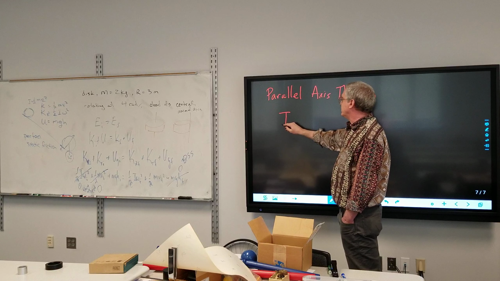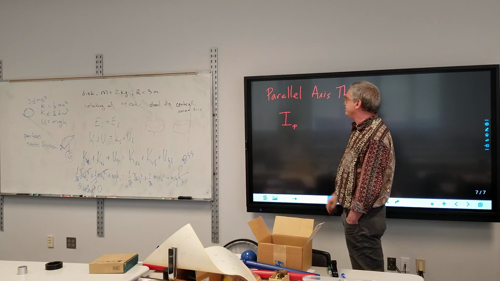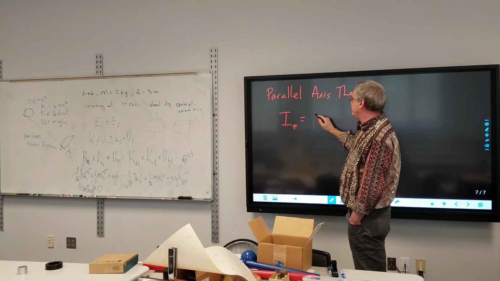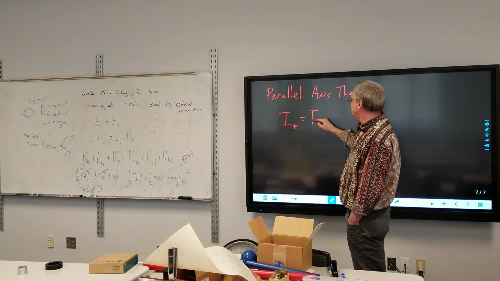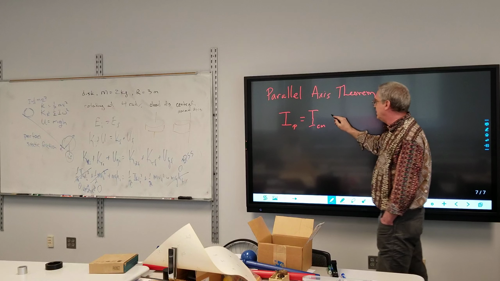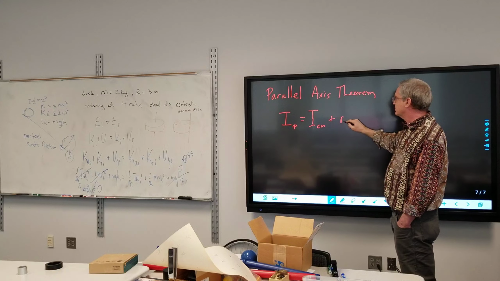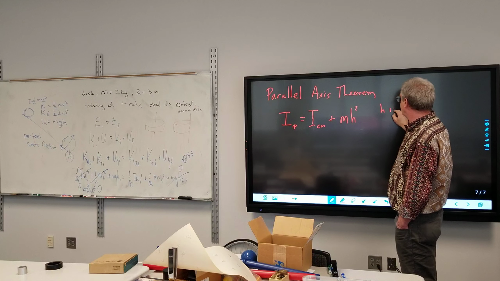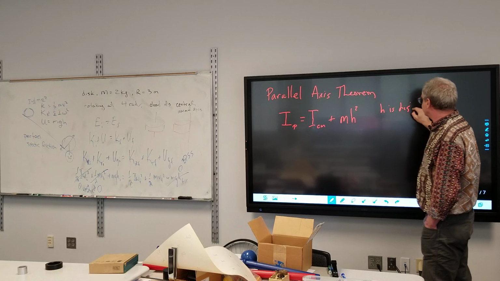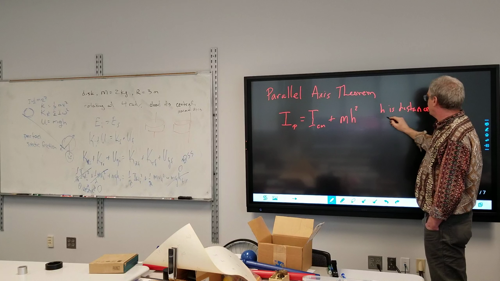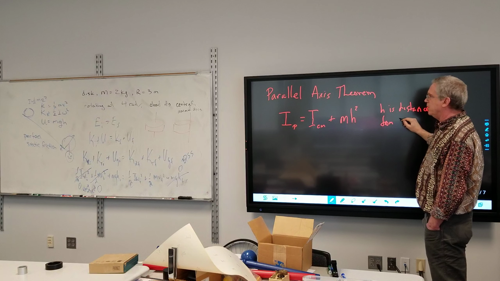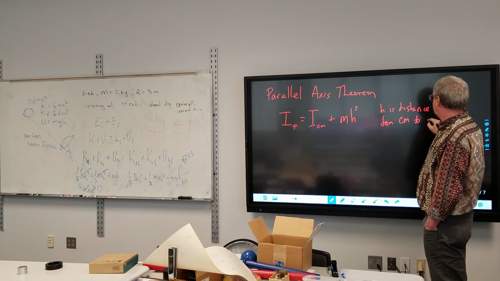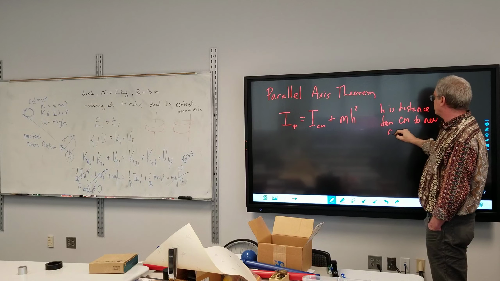So the moment of inertia rotating about point P is equal to the moment of inertia about the center of mass plus m h squared, where h is the distance from center of mass to new axis of rotation.